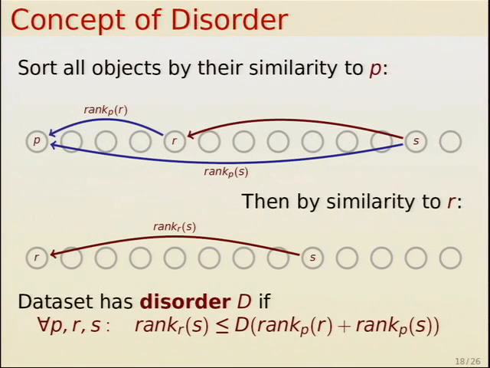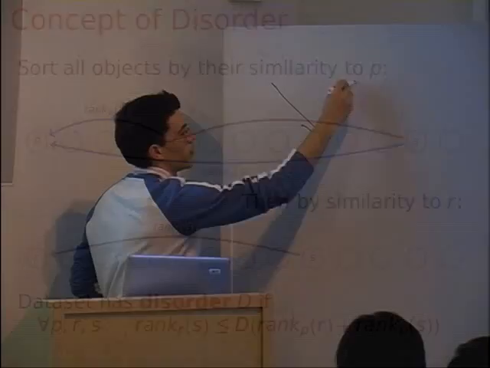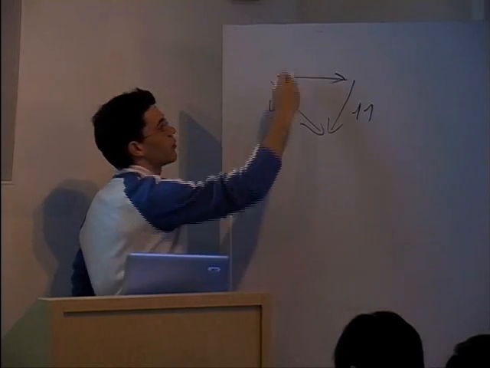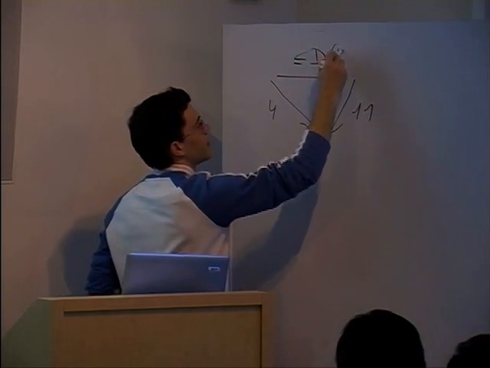The third rank should be no more than the sum of the 2 previous ranks times some multiplicative factor D. So you have 2 ranks, like, as I said, 4 and 11, and you would like the third rank to be no more than D times 4 plus 11.